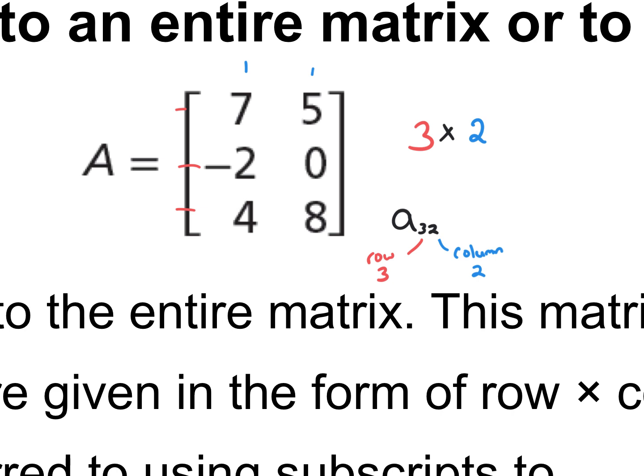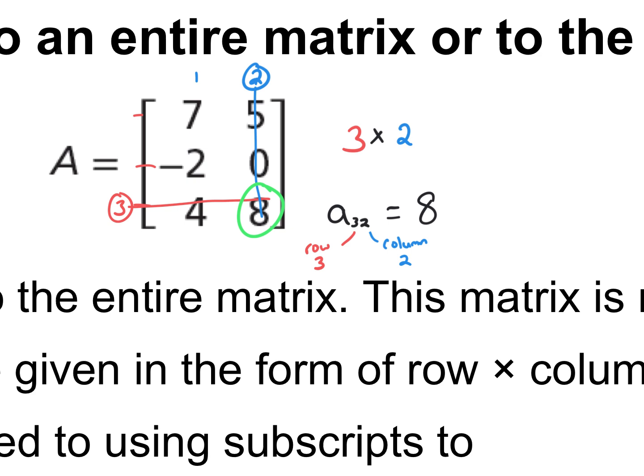This is my row 3. Which one's my column 2? Left or right? On the right. That's my column 2. So which term is in row 3, column 2? 8. Yep. So our answer for A of 3, 2 is 8. Do we put equals 8? Yes.